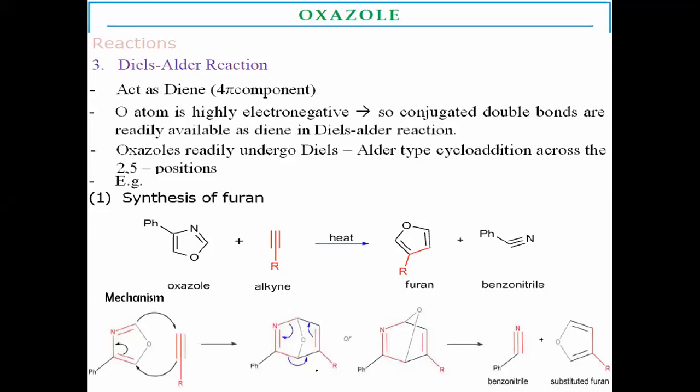They react with the alkynes, which undergo Diels-Alder reaction to form furan as the final product, with liberation of nitrile groups, alkyl nitriles. Here, the substituted oxazoles react with the alkyne.